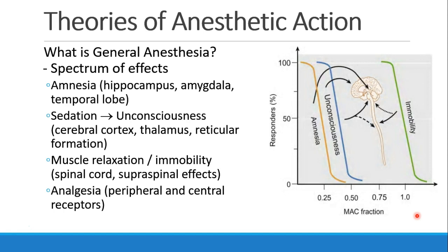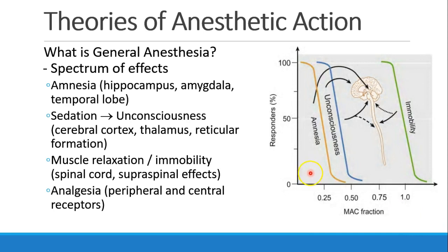There's sedation or hypnosis or being asleep, unconsciousness. That occurs in the cerebral cortex, the thalamus, the reticular formation. There's also muscle relaxation or immobility, which probably occurs more in the spinal cord, and there are also some supraspinal effects. And there's an analgesia component, which involves peripheral and central receptors.